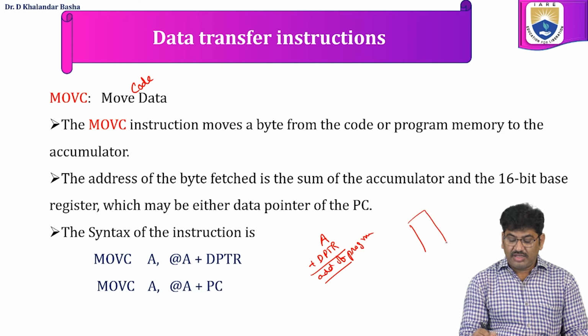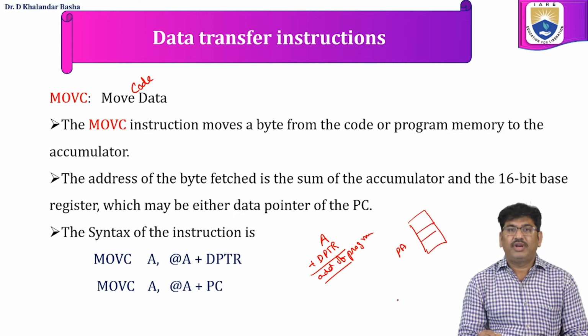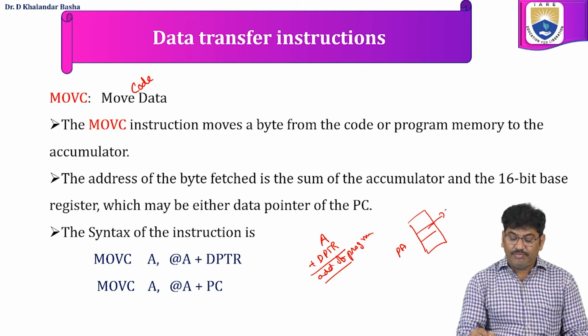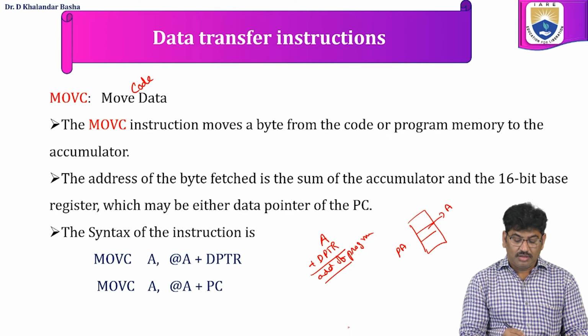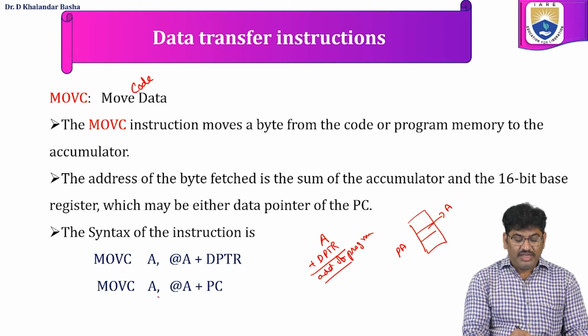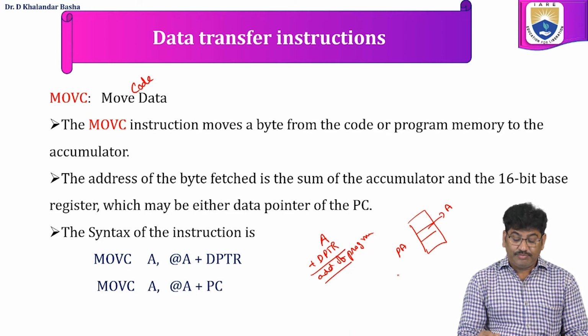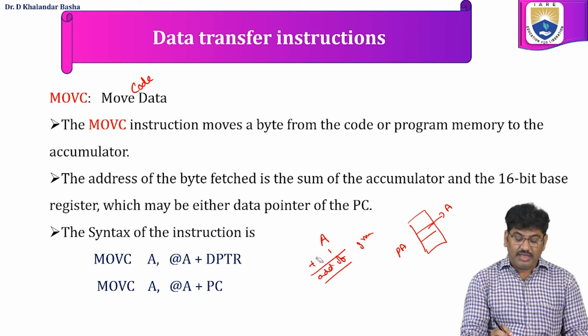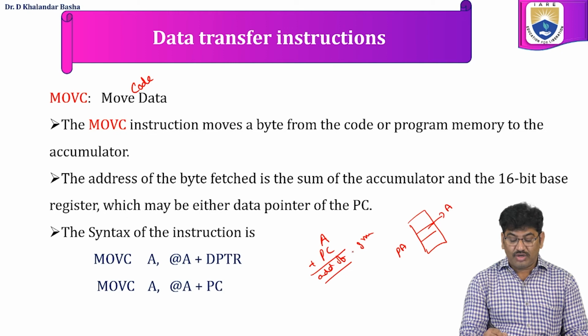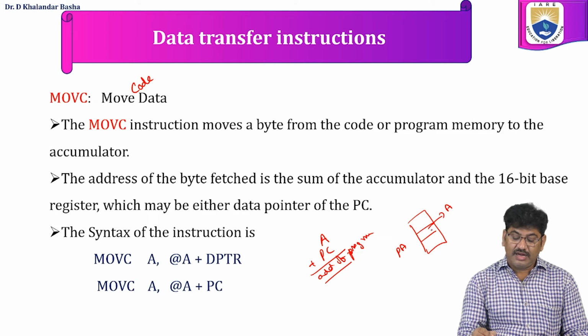Whatever the contents are in that program memory address, these contents will be loaded into the accumulator. Then MOVC A, @A+PC. Here the contents of the accumulator will be added with the program counter, which refers to the address of the program memory. This address's contents will be loaded into the accumulator.